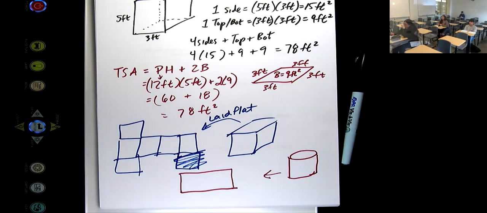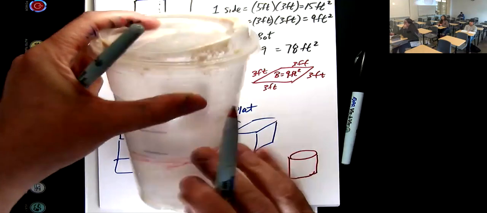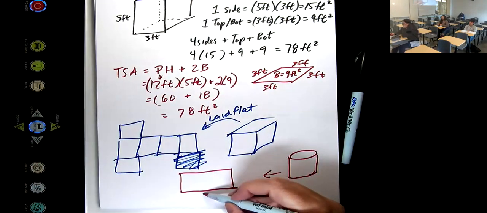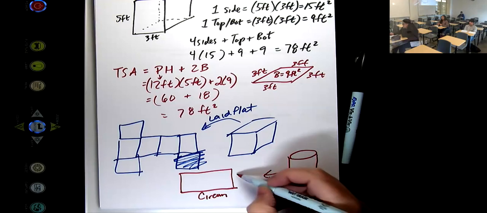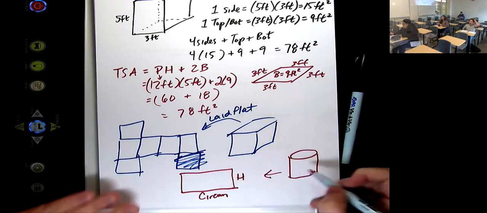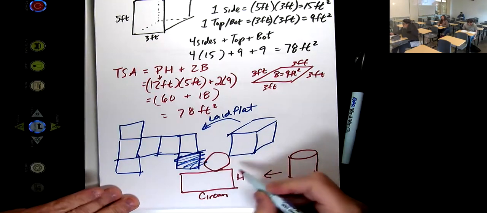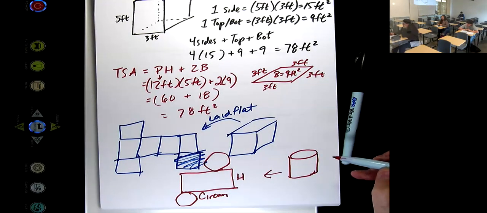Does that make sense? So this is the circumference, and we still have the height of the cylinder. And then you also have the top circle and the bottom circle. So you'll have to do the areas of all of those to find the surface area. Or you can use the formula.